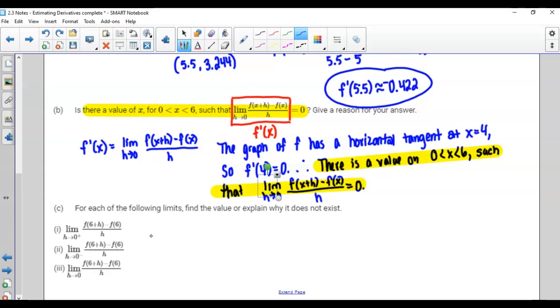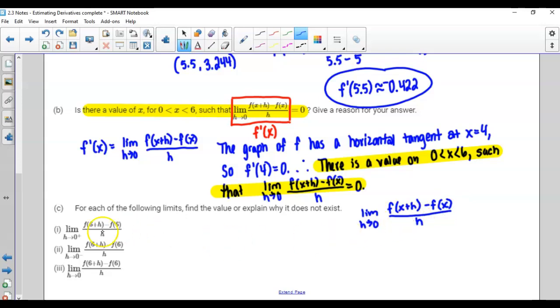For this problem, we've got to look at what we're looking at. We see f of 6 plus h minus f of 6 all over h. All of these are the same here. And so, let's think about our limit definition of a derivative. The limit definition of a derivative is the limit as h approaches 0 of f of x plus h minus f of x all over h.